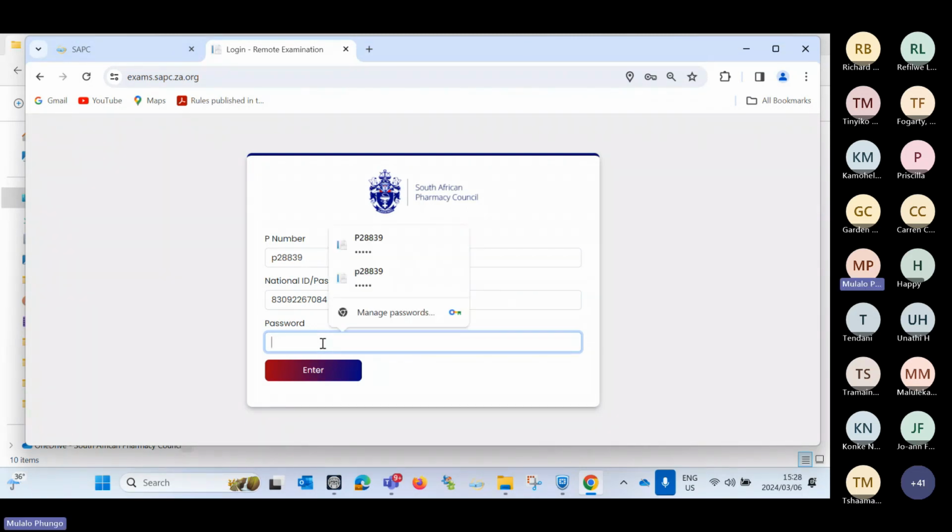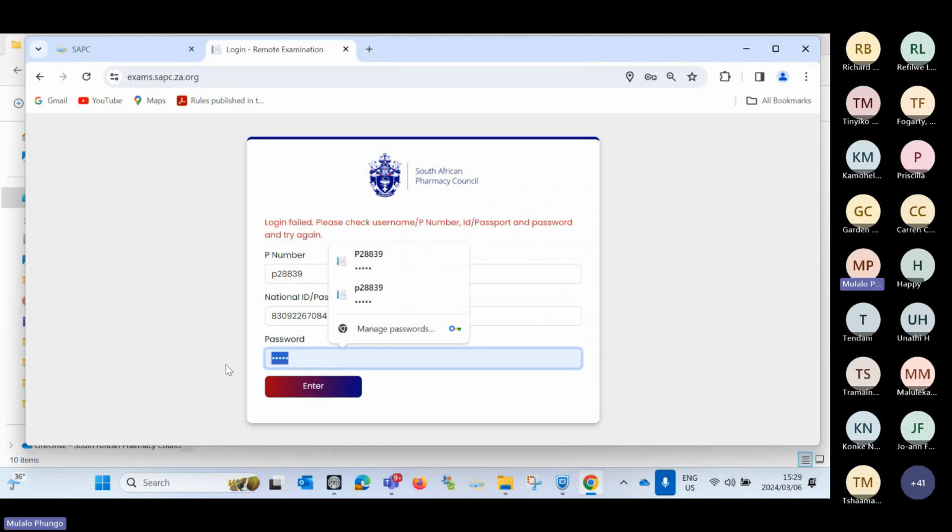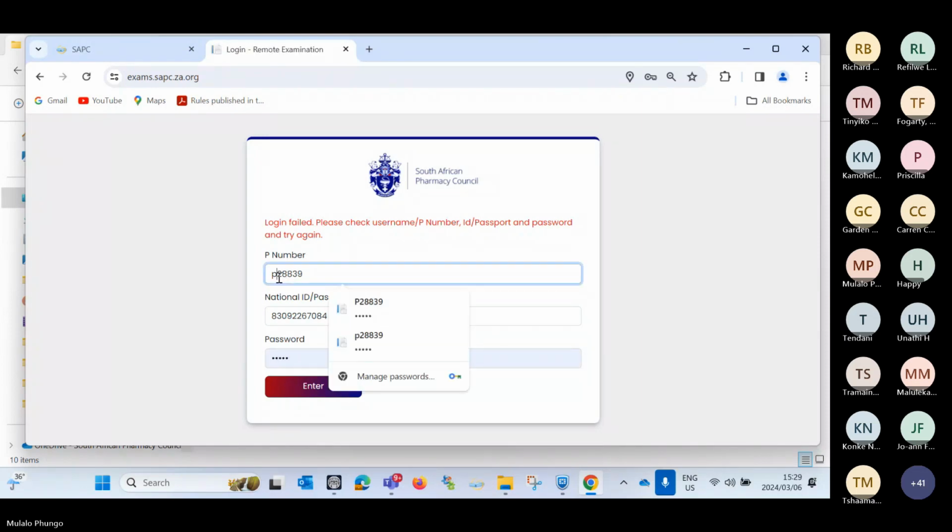Oh, this is going to be tricky. All right, something is not right over there. And then I need to fix this.